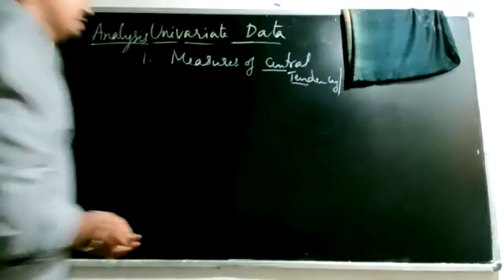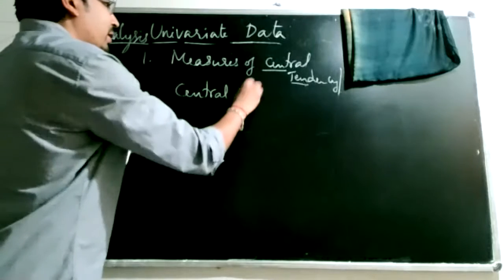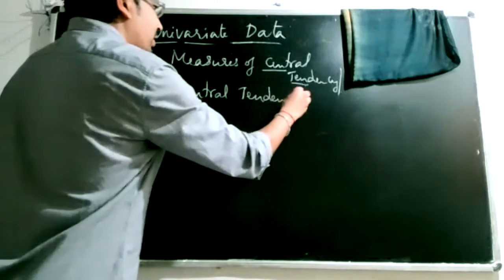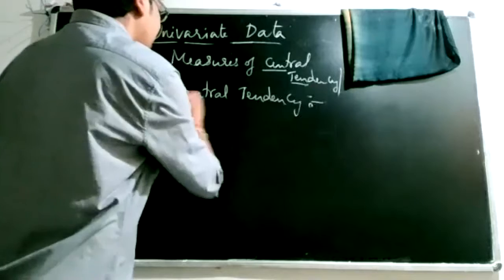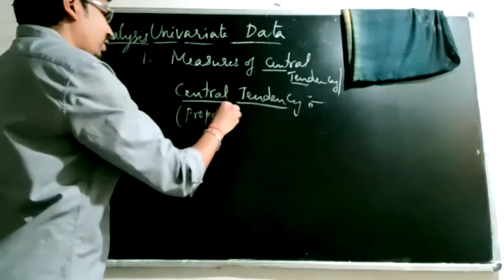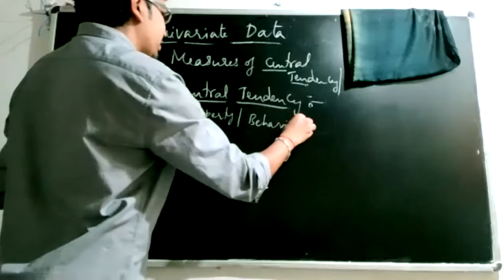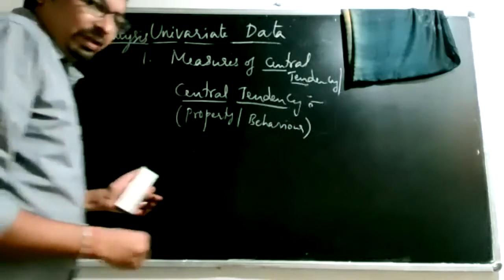So I'll first talk about measures of central tendency. Let us understand what central tendency is and what the reason for it is. I could say the reason for this particular property or behavior is somewhat natural. You can observe that in nature. So what behavior are we talking about here?